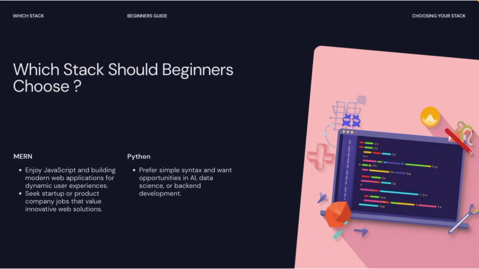The main advantage of Python is that it provides a variety of opportunities. You can go into AI development, backend development, or become a data scientist, etc. The MEAN stack is still powerful, but today many developers prefer the MERN stack because of React's popularity.